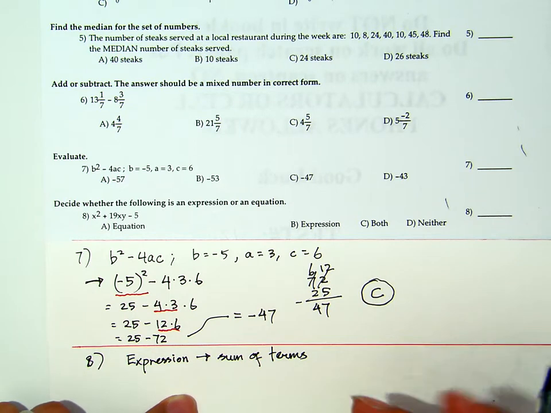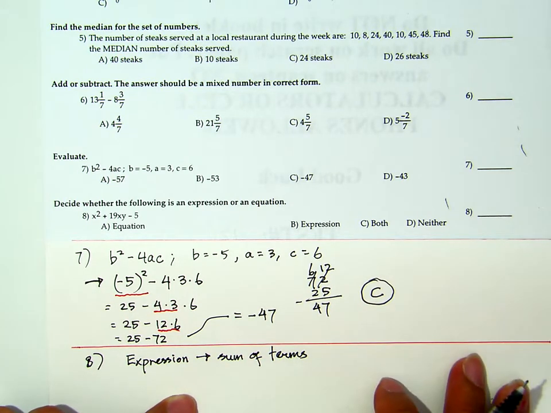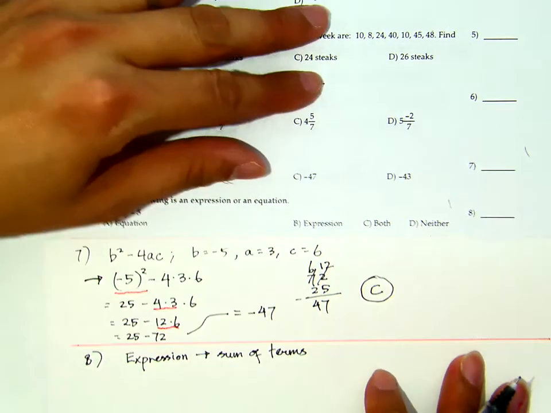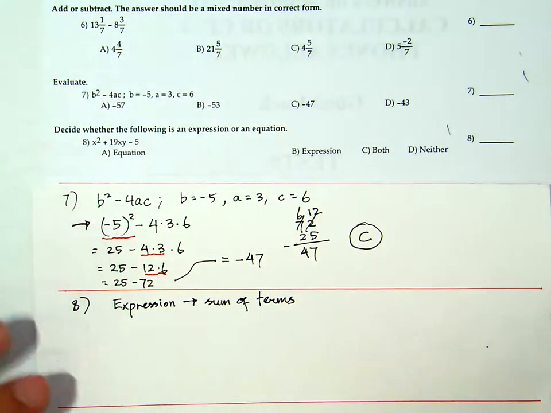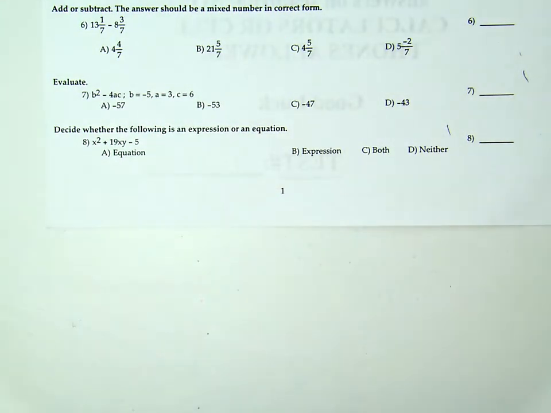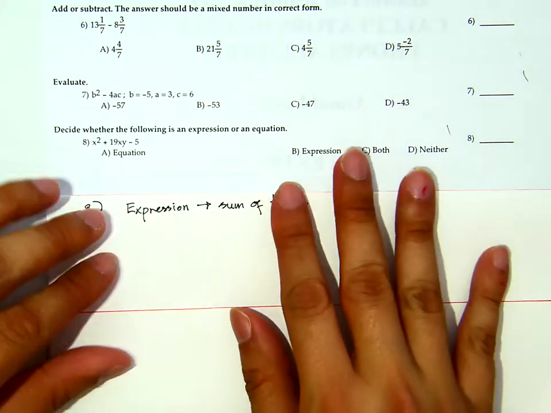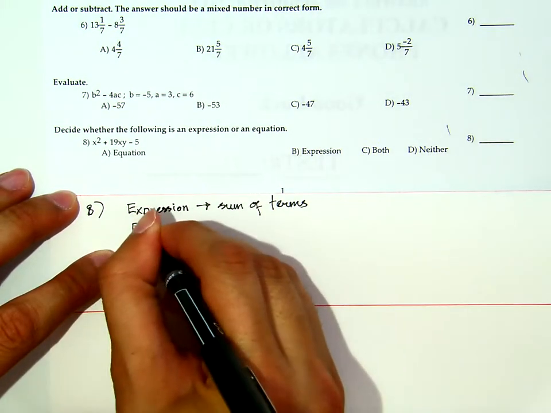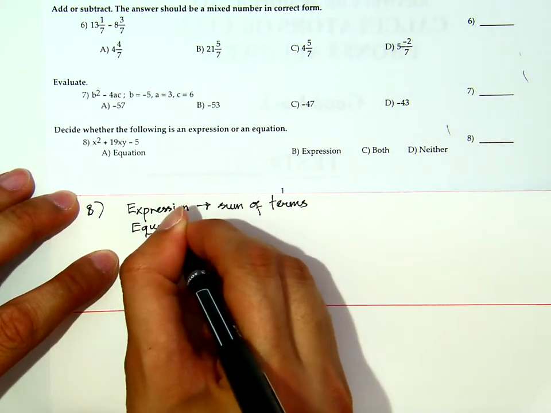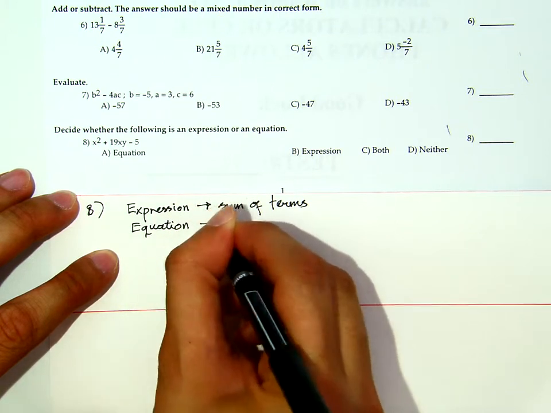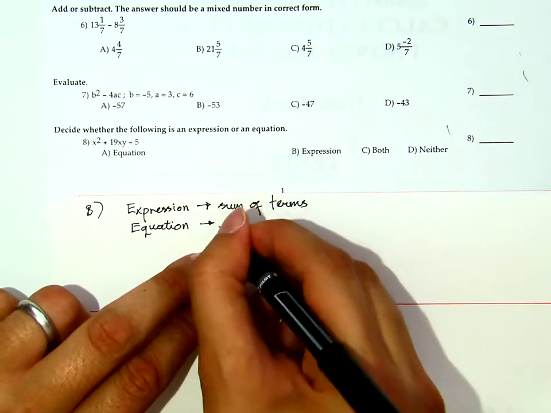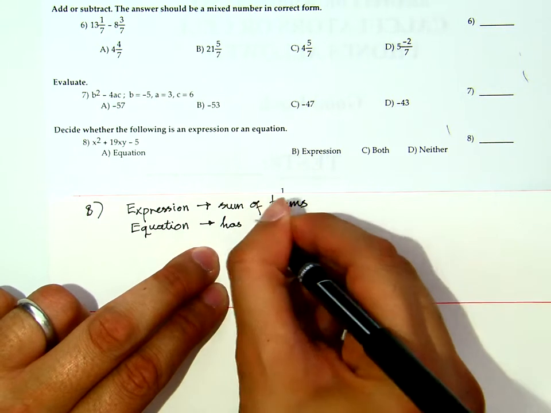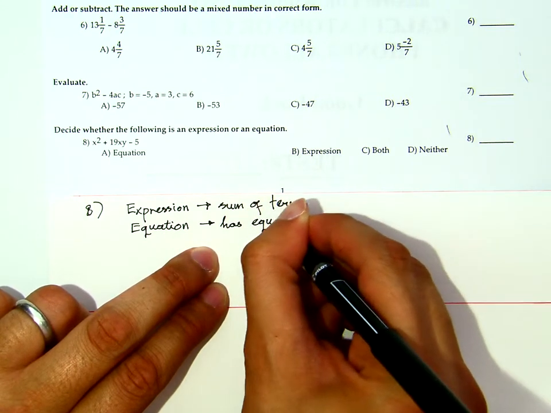Maybe negative terms, therefore it looks like negative, and it has some negatives, right? But an equation, one of the big marks of an equation, it has a variable, it has an equal sign. An equation, one of the signs is it has an equal sign in between.